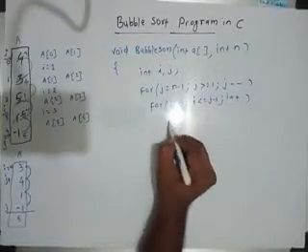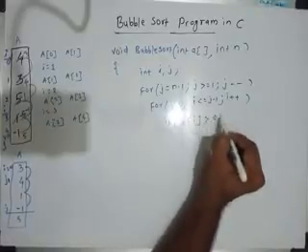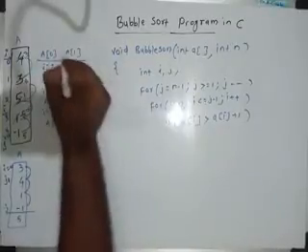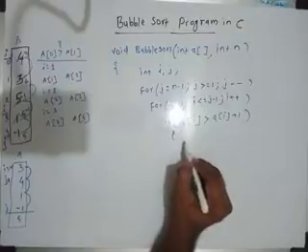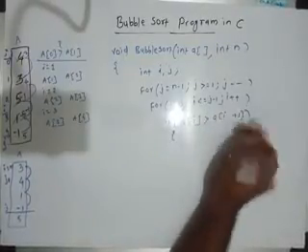So now we do this comparison: is a of i greater than a of i plus 1? If yes, then we'll swap a of i with a of i plus 1.